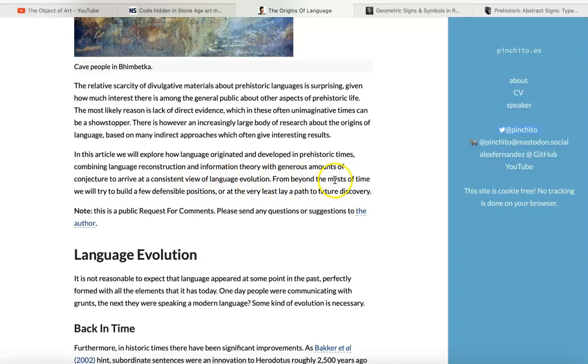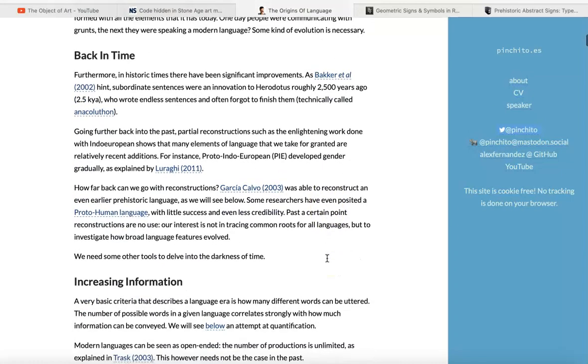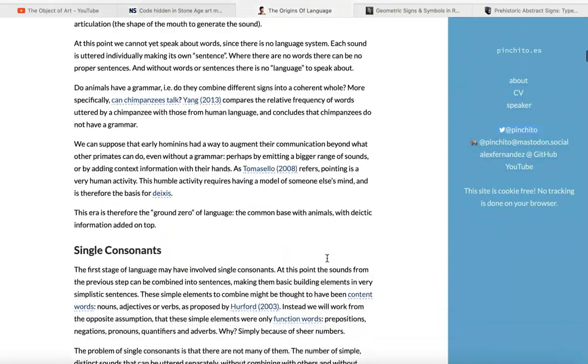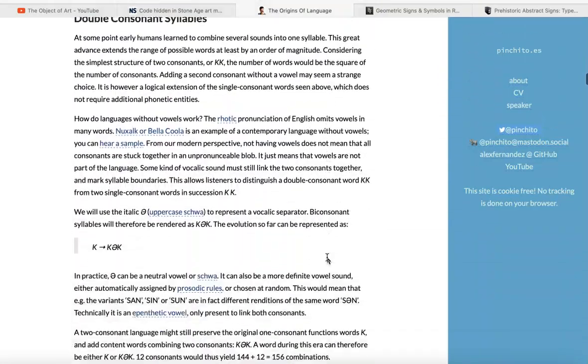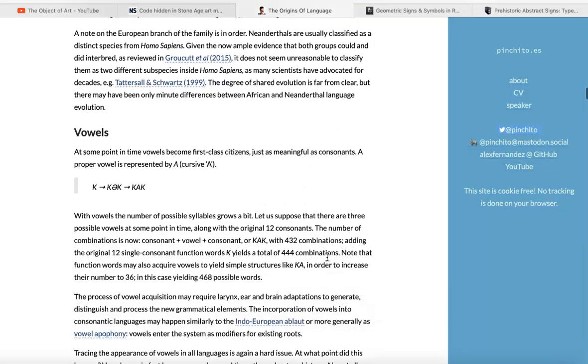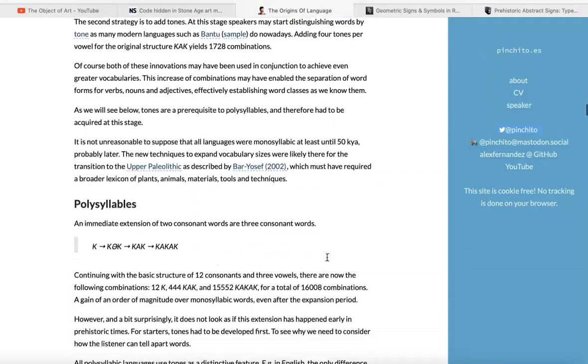From beyond the mists of time, we will try to build a few defensible positions, or at the very least lay a path to future discovery. Now, I'm gonna just scroll through this. You can look through this however you like, whenever you like.